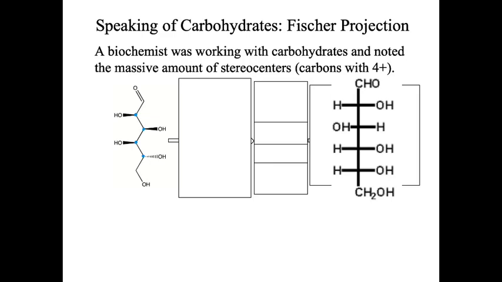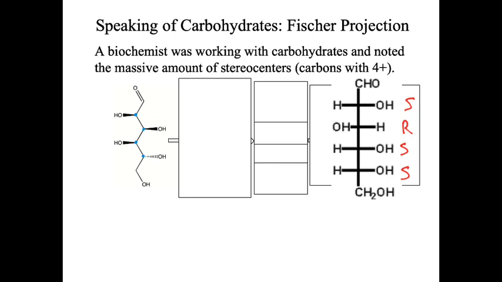So Fischer drew what's on the right-hand side. Notice no wedges and dashes. But his format allowed him to assign R and S very, very quickly. For instance, the top one, I gotta check. That would be counterclockwise. Wow, that was pretty fast.